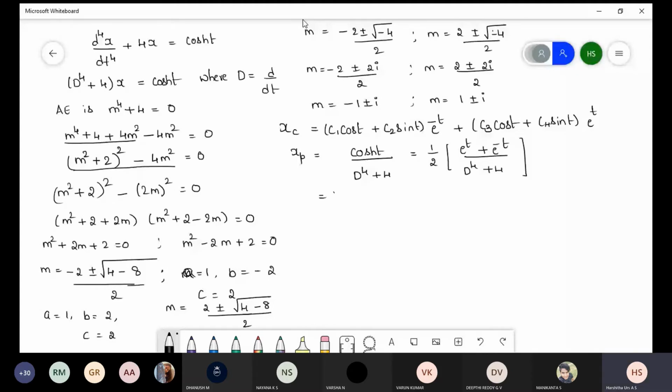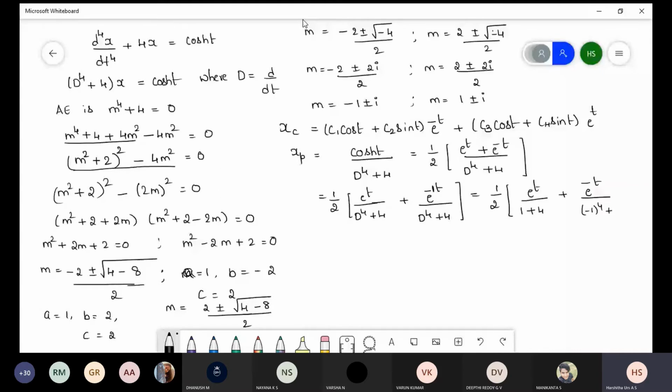E power t divided by d power 4 plus 4, plus e power minus t divided by d power 4 plus 4. Now 1 by 2 into e power t. In the first one, what is our a value? 1 power 4 is 1, plus 4. In the second one, what is our a value? Minus 1 whole power 4 plus 4. Here if you want, you can write 1 power 4.